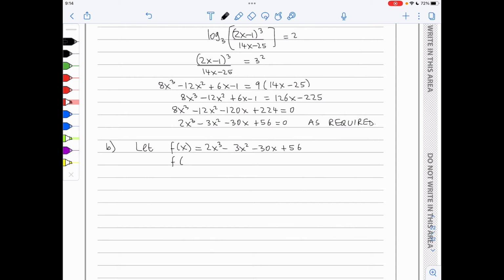Then f of negative 4 will be 2 times negative 4 cubed minus 3 times negative 4 squared minus 30 times negative 4 plus 56, which is minus 128 minus 48 plus 120 plus 56. This is equal to 0, and therefore x equals negative 4 is a root as required.